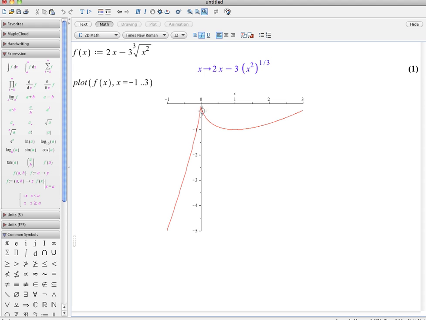The first derivative is undefined here, but it is a local max. Matter of fact, it is an absolute max. And then over here, we know exactly where it is. It's x equals 1. That's where my local minimum is. So the work that we did agrees with the graph.